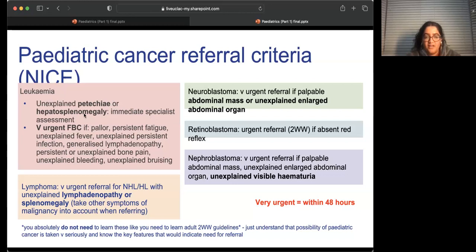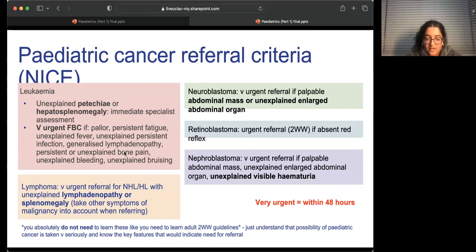So any unexplained petechiae or hepatosplenomegaly, they need an immediate specialist assessment and a very urgent full blood count. This is the only time I've seen very urgent being used, and it's basically within 48 hours. They need a full blood count if they've got any of these symptoms or issues going on with them.